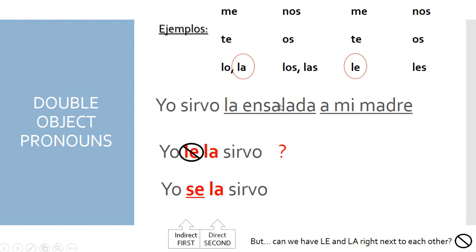It will be the direct object pronoun. But the indirect, careful. I serve it to my mom, to her, but it will be replaced with se. You cannot do le la, le las, les los, or les lo.